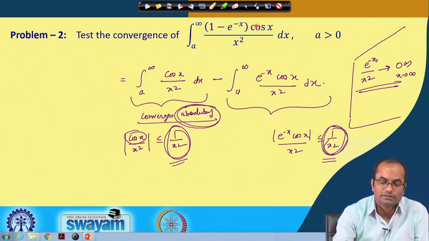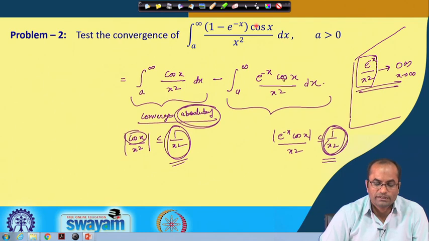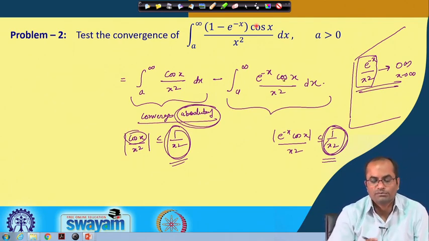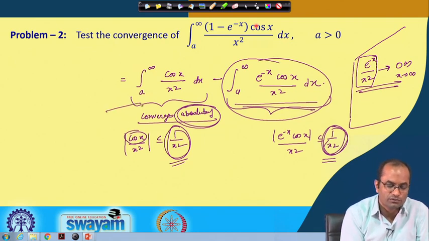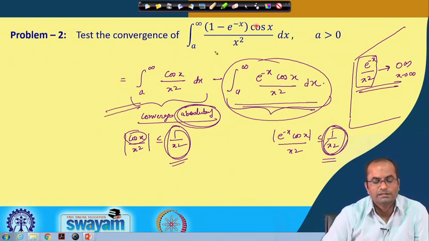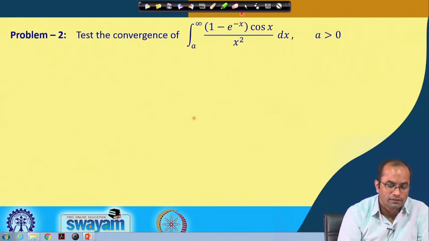So, both are decreasing functions for whatever values of x, and the integral from a to infinity of cos x can again be shown to be bounded by 2. So, we can use the Dirichlet test like we have done in the earlier problem. This is similar to problem number 1. So, we can show that this also converges, and the given integral of 1 minus e power minus x, cos x over x square dx converges.